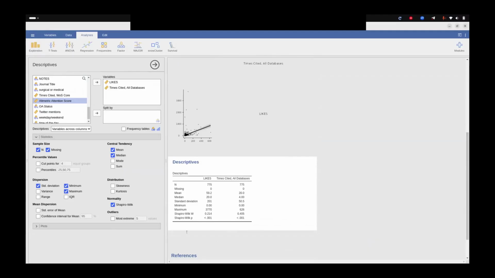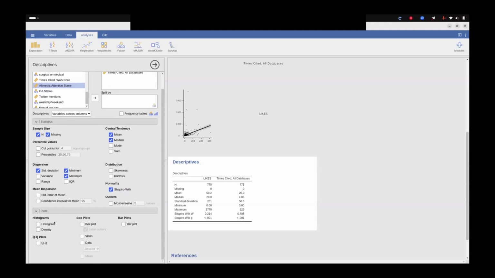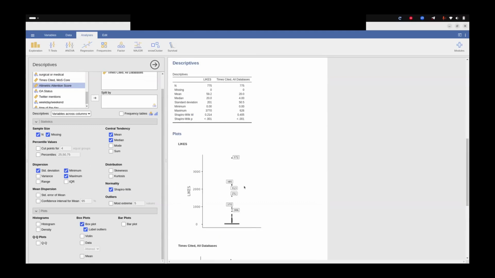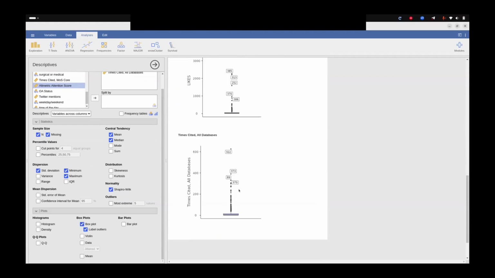As a result, this data is not normally distributed. If you want, you can also look at some plots, which will also show you the same. So you can see the massive amount of outliers we've got here, if that makes sense.